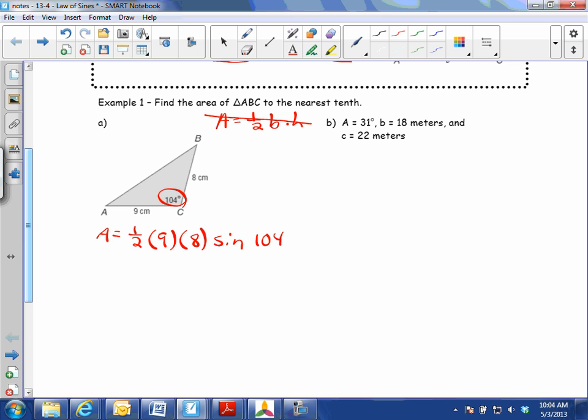That's it. I'm coming up with 34.9 centimeters squared. Alright, awesome.